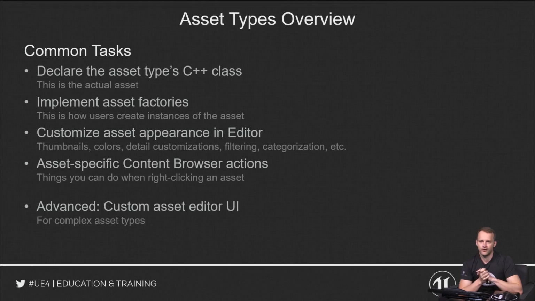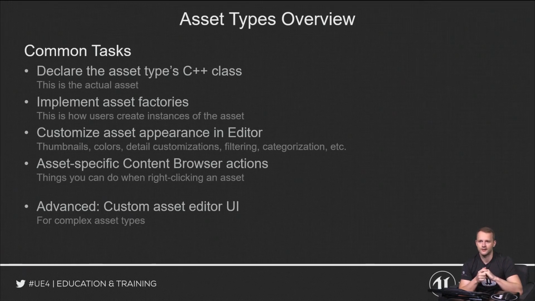Now, by default, when you create a new asset and you double-click it in the content browser and you open it up, it will just show a details panel. And the contents of the details panel are created for you automatically by the editor. The editor basically looks at your asset type declaration, and it automatically extracts the information that it needs to build a basic details panel UI, where you can configure all the properties of your asset object.